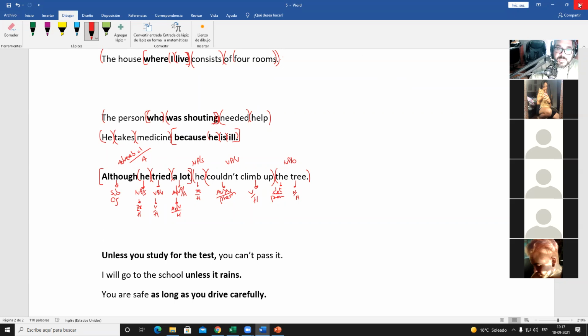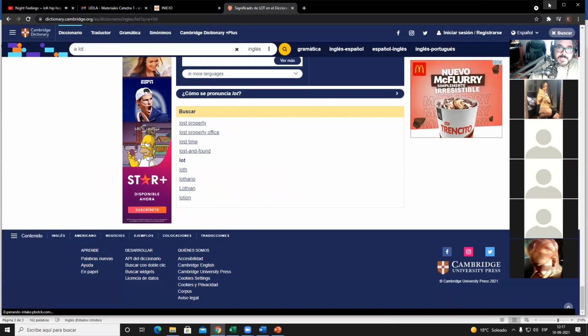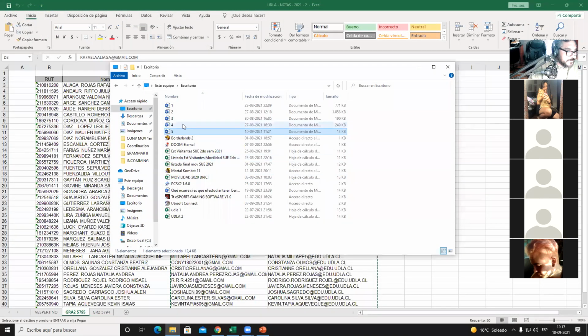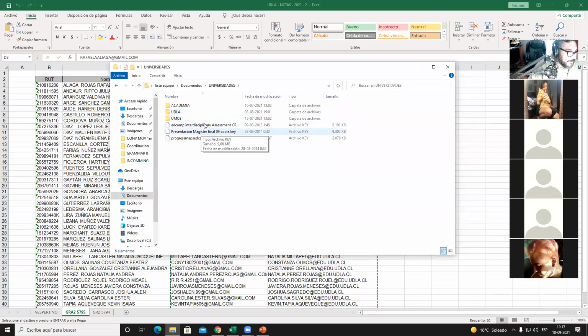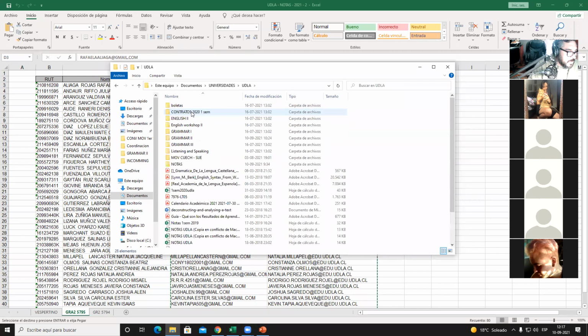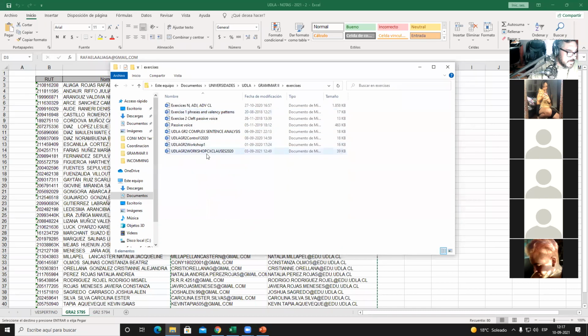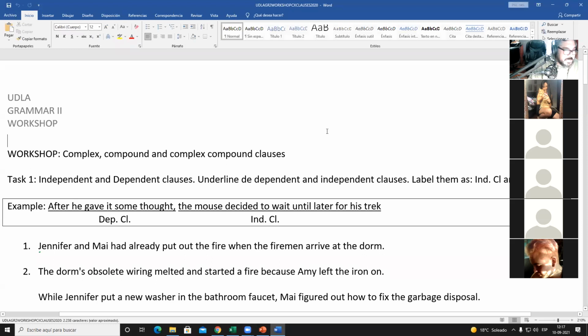Quedó pendiente una cosa que hacer, pero esa cosa que hacer tiene más relación a coordinación que a subordinación. Dejen buscar. Academia, UDLA, Grammar 2, Exercises. ¿Cierto?